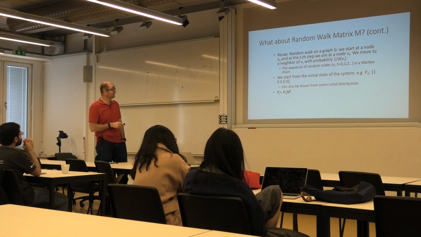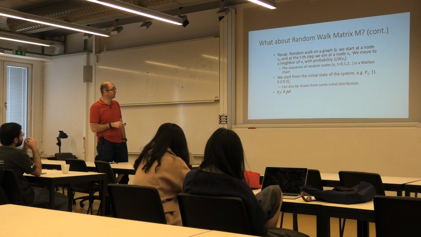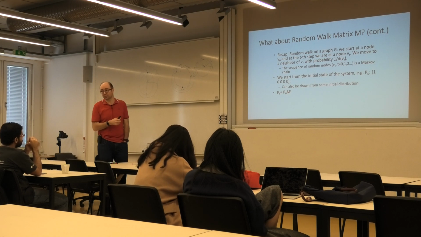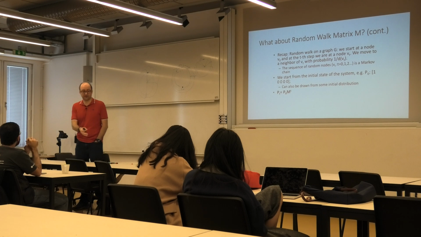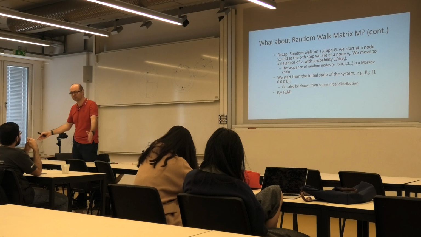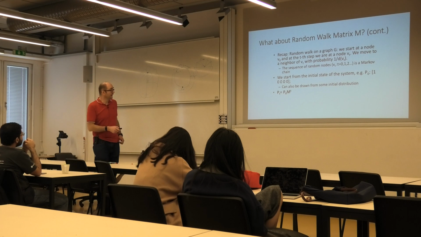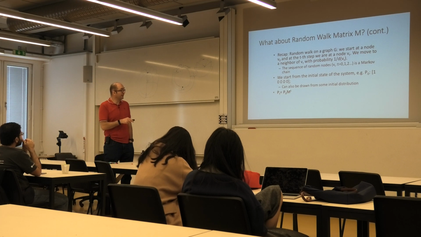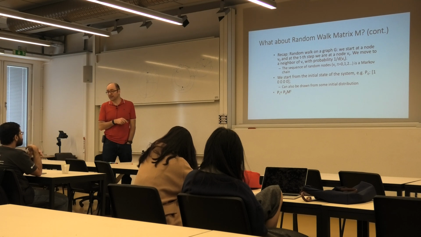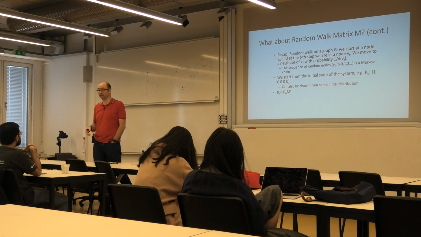So if we start with some initial probabilistic vector that sums up to 1, like 1, 0, 0, 0, or any other distribution that sums up to 1, and we multiply by the random walk matrix m times, we get, say, the vector p_t that represents the probability that our message will be at any of the nodes.